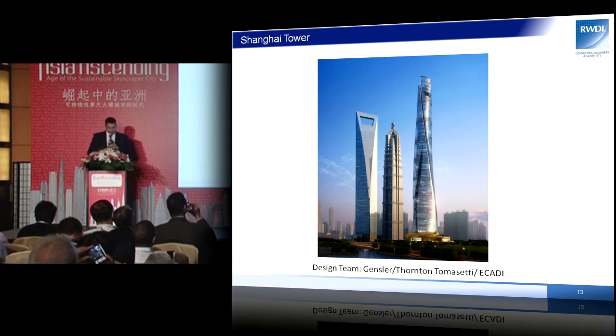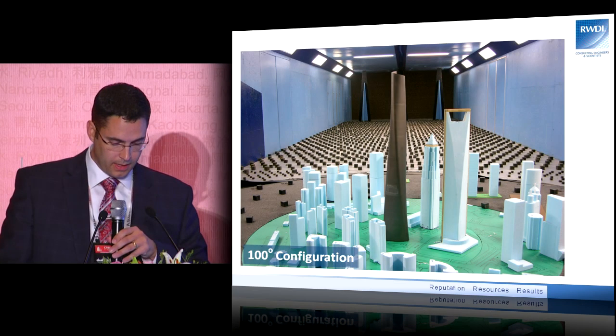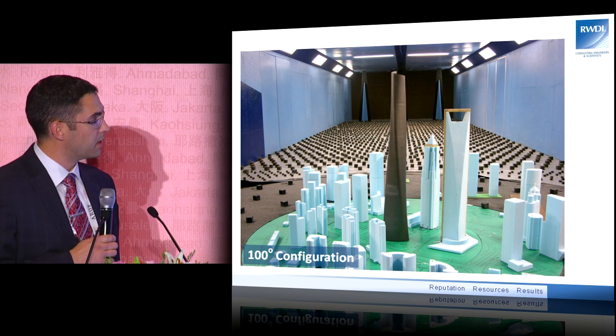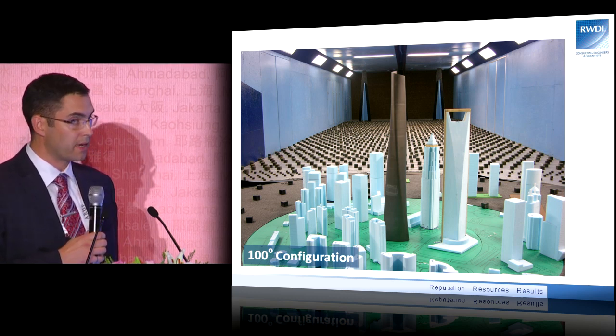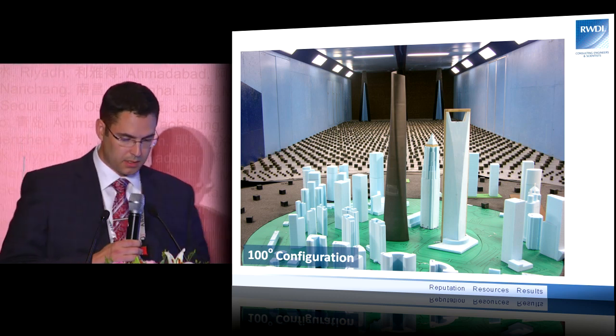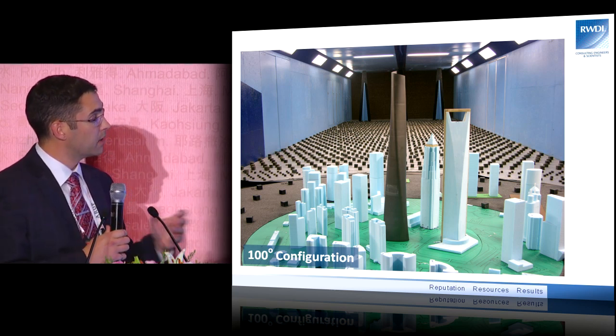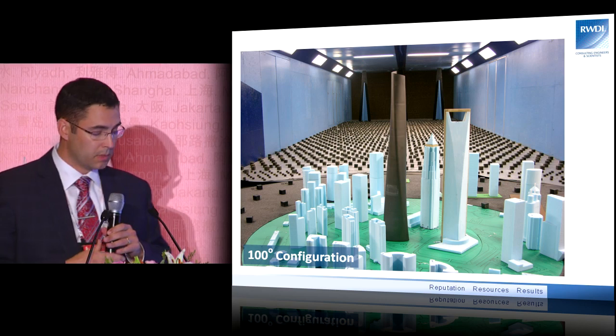And then finally, here in Shanghai, we worked on the Shanghai Tower. Again, the design team mentioned there, and again, with Thornton Tomasetti and locally Tongji. And if you were in the Shanghai Tower session yesterday, they mentioned the sort of battery of tests that we put this tower through, and the different configurations and the different angles of twist going up the building.